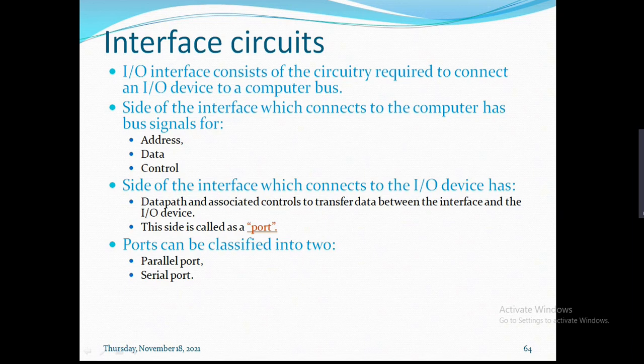I'll just repeat: contains the address decoding circuit to determine when it is being addressed by the processor. Next, fourth one, it generates the appropriate timing signals.